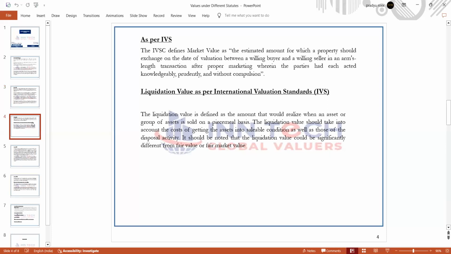Again, valuation as per IVS, International Valuation Standards. The definition of valuation under IVS is also similar; in fact, IBA has taken the definition from the International Valuation Standards.